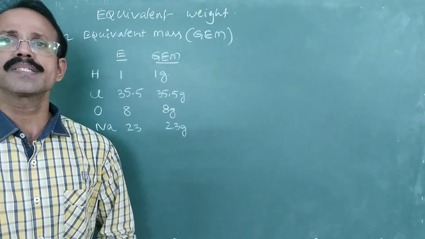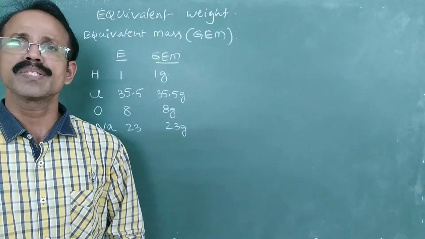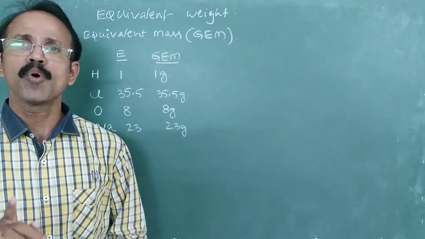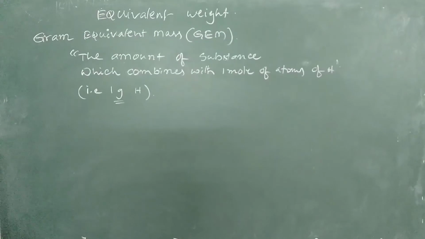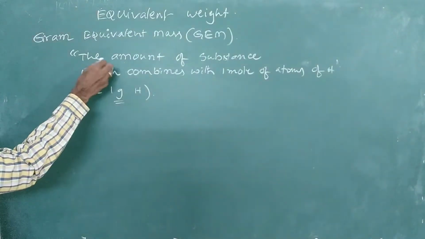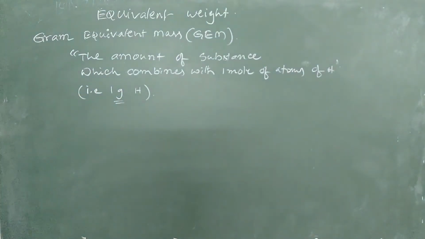Gram equivalent mass is the amount of substance which combines with 1 mole of atoms of hydrogen. And we know 1 mole of atoms of hydrogen weighs 1 gram. So that means the amount of substance that combines with 1 gram of hydrogen is called the gram equivalent mass of the substance.